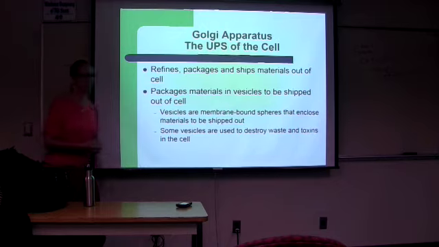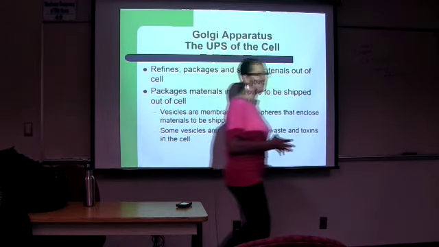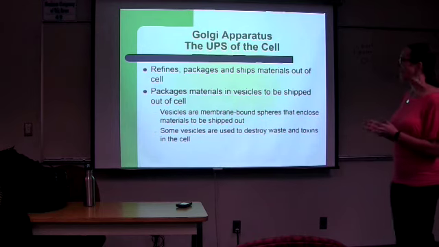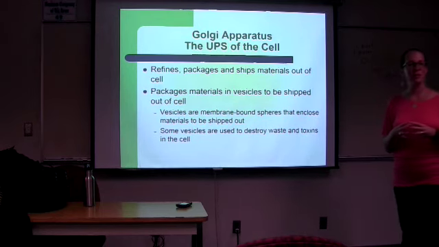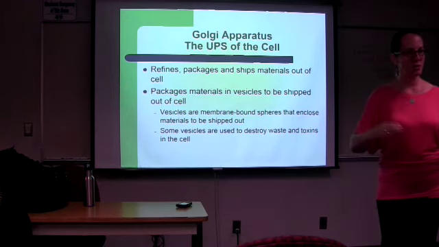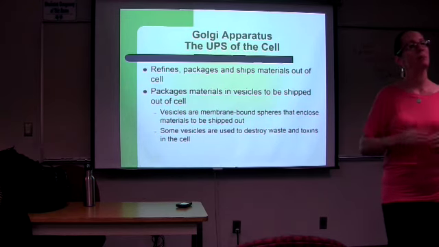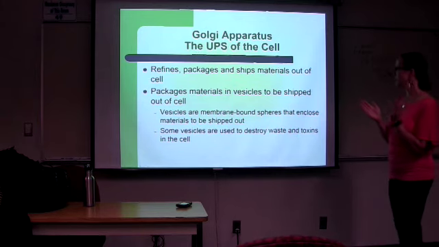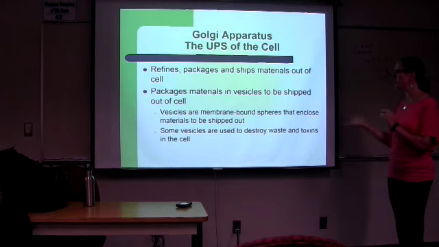Okay. I call the Golgi apparatus the UPS of the cell, just trying to give you things to remember, all this crazy stuff. This will package substances. It'll create vesicles with the membrane around it that's similar to that plasma membrane, so it can go up, meld with the plasma membrane, and leave the cell. Okay. Some of those vesicles will be used to destroy waste.